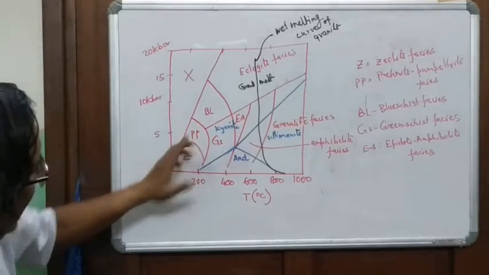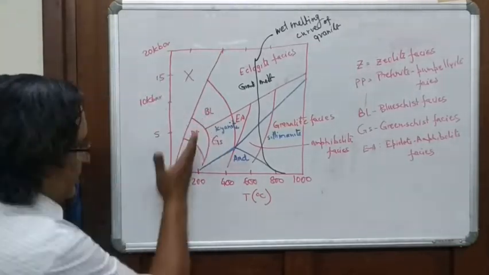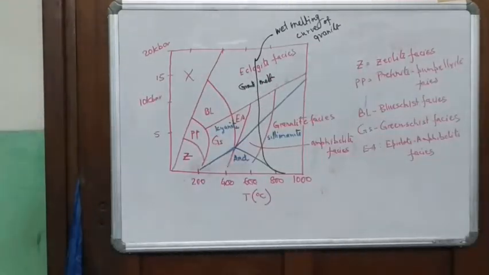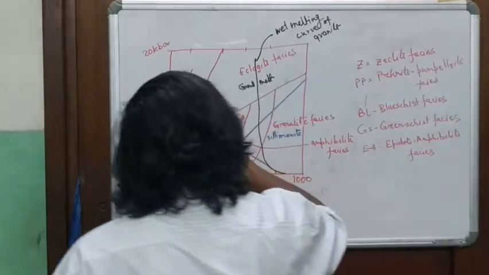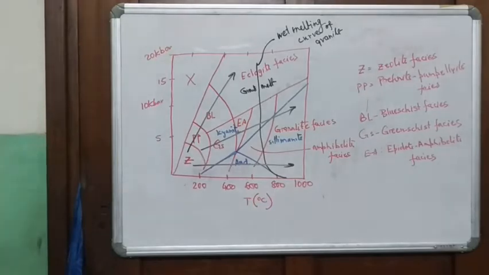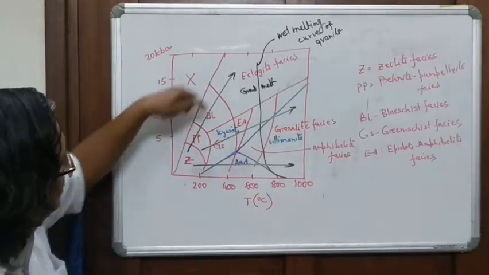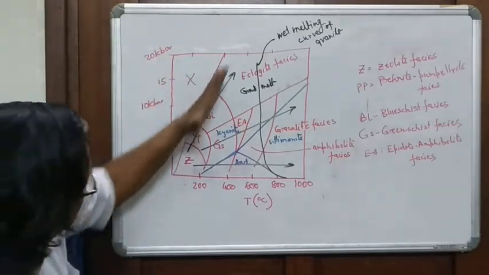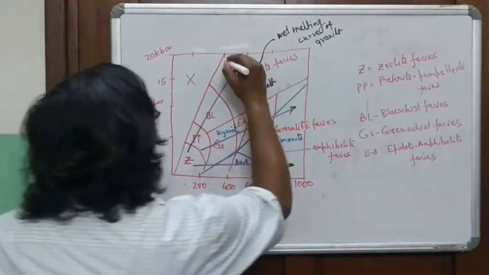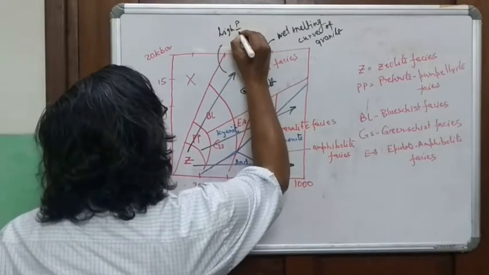Then you have, as you go up in this direction, and then you can go this way. You have three paths. This is where pressure increases rapidly. So this is the high P by T path.